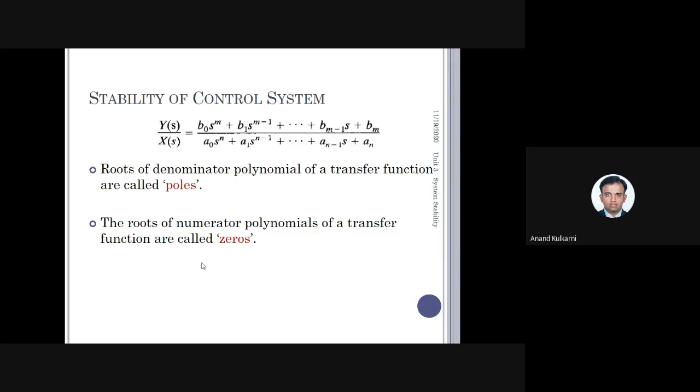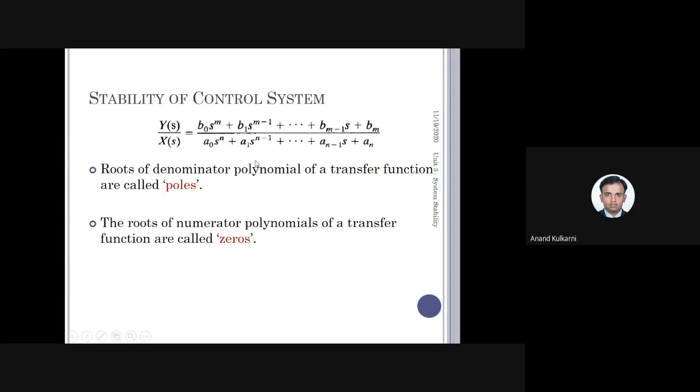The pole is one which makes the system transfer function tend to infinity, whereas a zero is one which makes the system transfer function zero. For example, here suppose I put a0 as 0, or a1 as 0, or a2, or suppose I put s to the power n equal to 0.